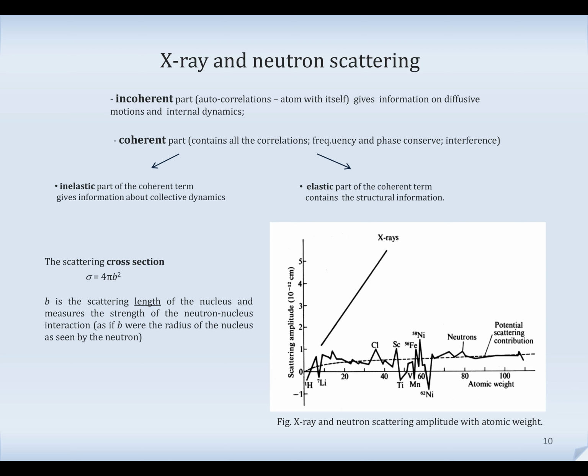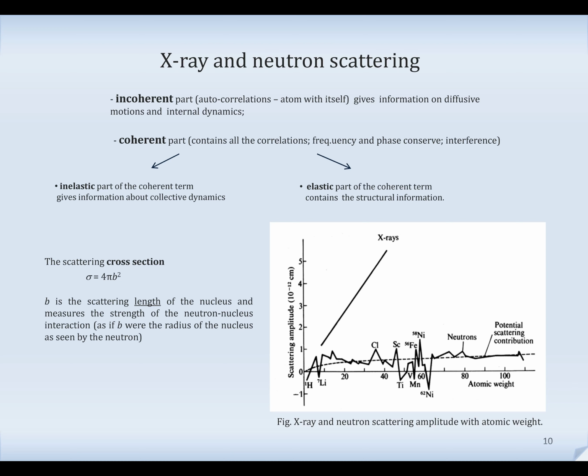And in the case of neutrons, you can see on the image the scattering length. It looks random, and this is really strange. I mean, for some elements, this parameter can be negative, and it's not easy to understand how this area of interaction can be negative, but it's reality.